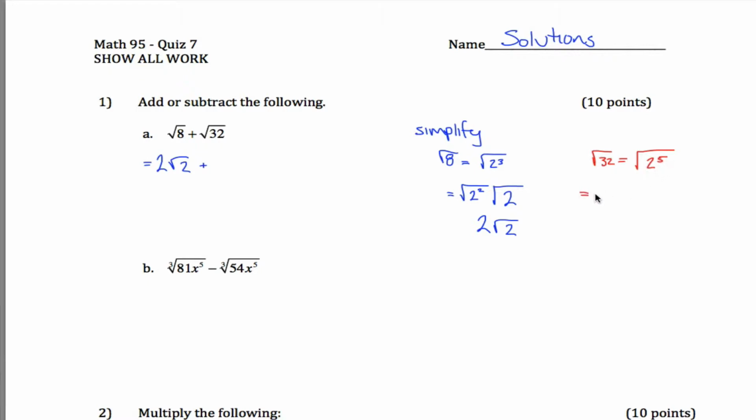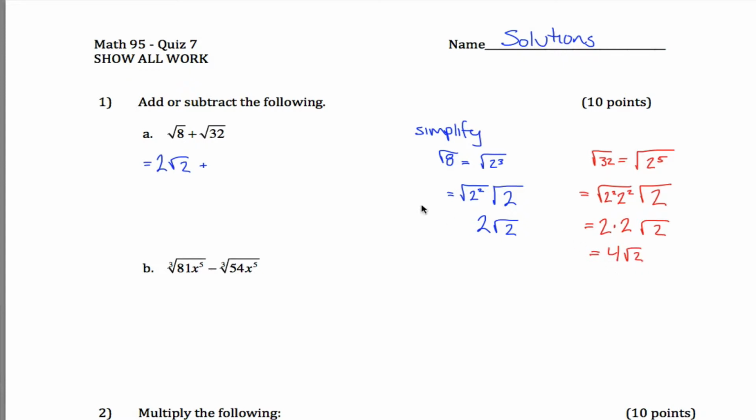So when you do your good radical, bad radical trick, you put 2 of the 2's over here, and then you have 3 left. You realize you can put 2 more over here. So you're left with just a single 2 out here. Each of these 2 squareds underneath the square root cancel out to just give me a 2. So this is 2 times 2 times the square root of 2, aka 4 root 2.